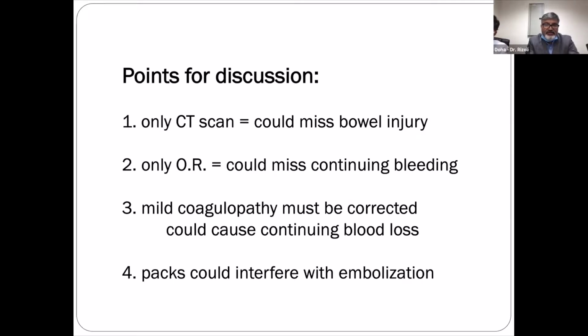And the chances of finding that bowel injury would have been least because it's otherwise also difficult to pick up bowel injury. So we feel retrospectively that if the patient would have gone to the CT scan, he would have been transferred to the IR suite for an angioembolization, and this bowel injury might have presented later in his course and might have led to morbidity, secondary peritonitis, and all the complications that have followed that missed injury.